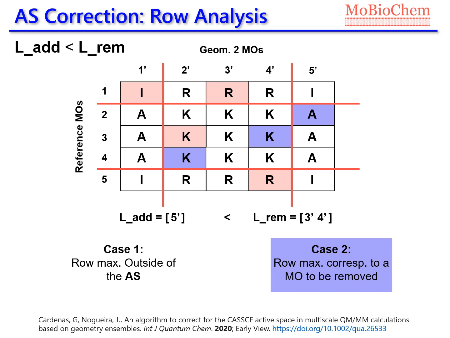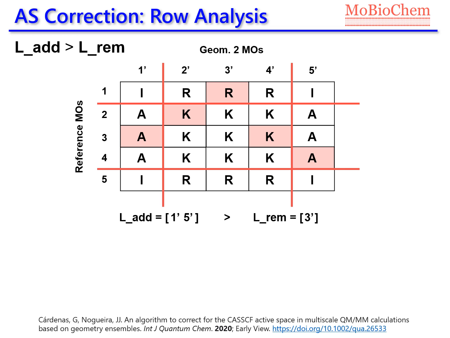Noteworthy, the row-wise analysis indicates that in reality 4' also has a strong contribution from a reference orbital, and thus it would be wise to keep it within the active space instead of removing it. So this is exactly what the algorithm does. It changes the status of 4' from R to K, and it updates the corresponding LRAM list.